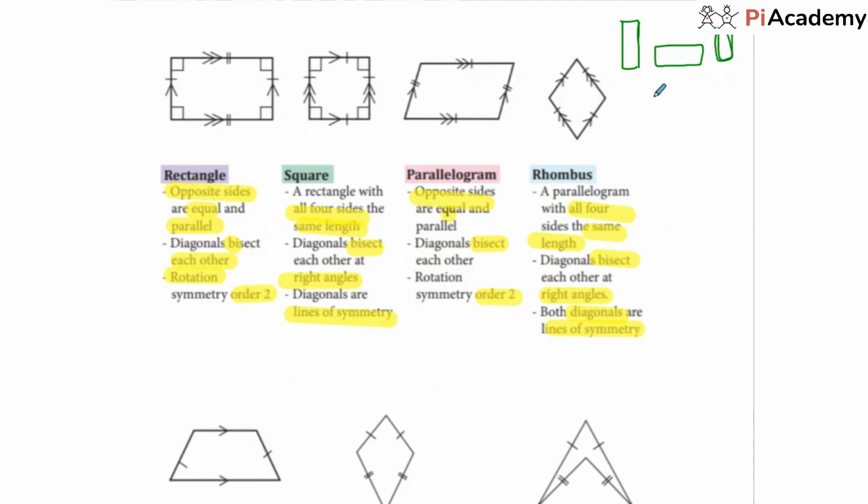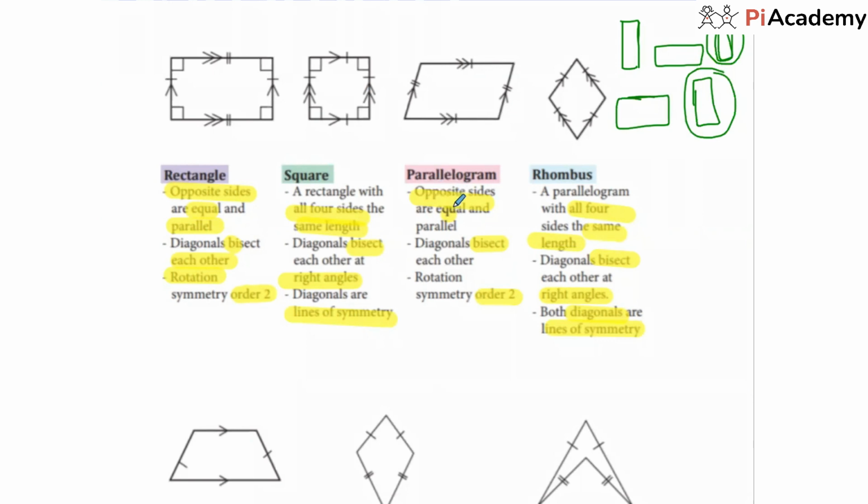At 270 degrees, it is again like this, and at 360 degrees it comes back. So in one complete rotation, you get the same shape twice, therefore it is rotational symmetry order 2. For a square, every time you rotate by a side it is the same, so it is order 4.